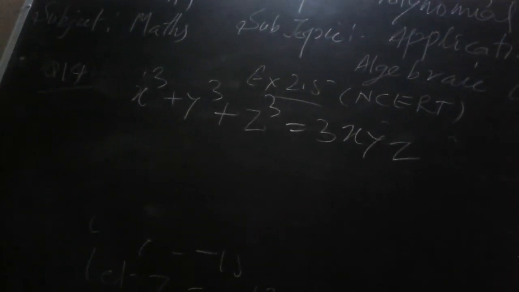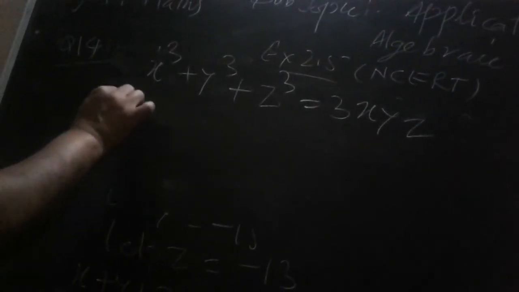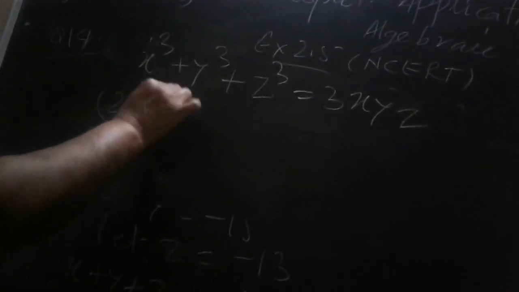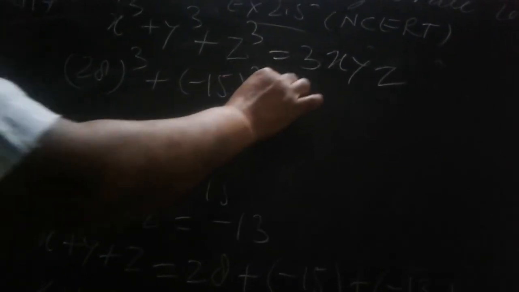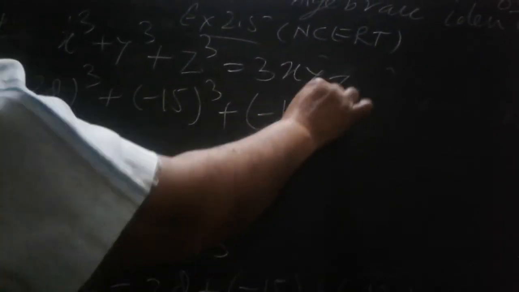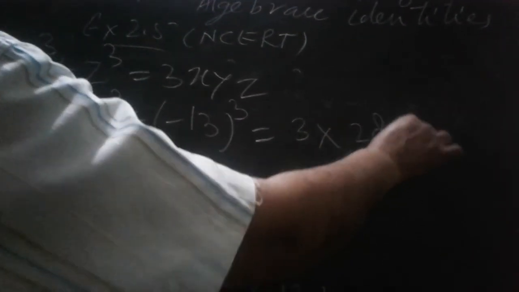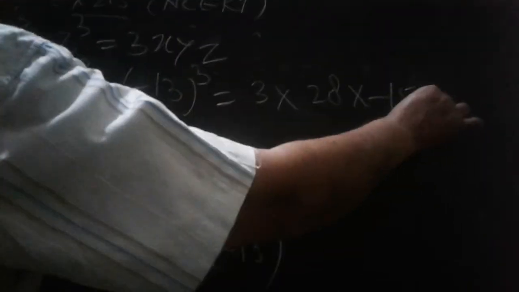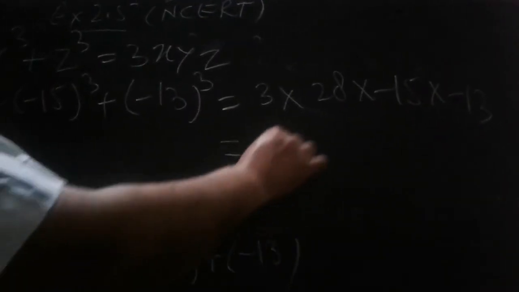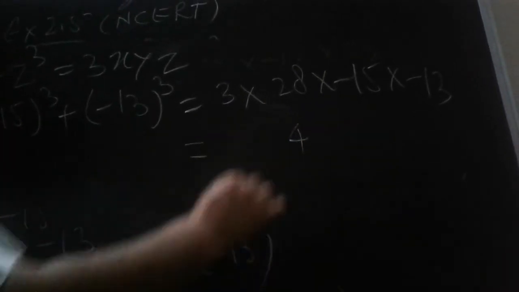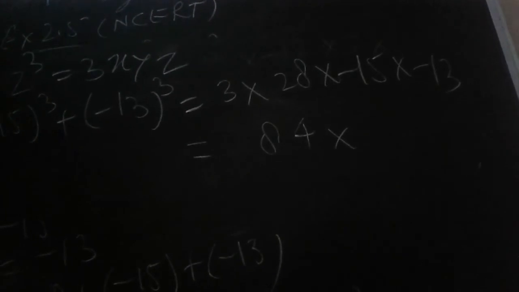Now we put values of x, y and z: 28 cube, minus 15 cube, minus 13 cube equals 3 into 28 into minus 15 into minus 13, which is 84 times 195. Minus into minus gives plus.